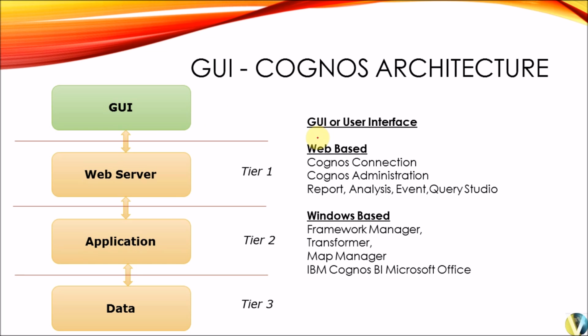Inside Cognos Connection, you can use Cognos Administration for admin-related tasks, such as creating a new connection and importing and exporting contents of Cognos. You can use Report Studio or various types of studio for creating Cognos reports.